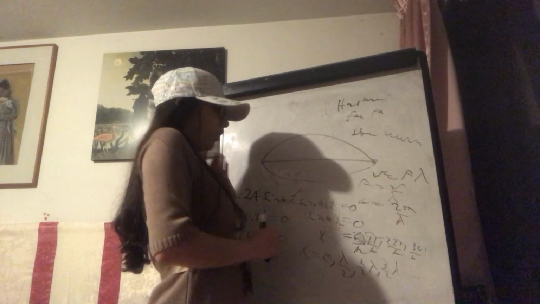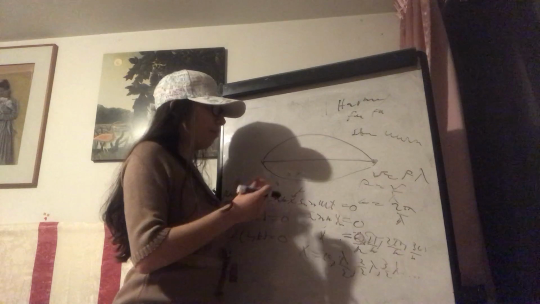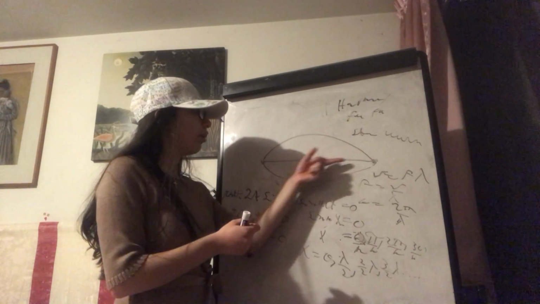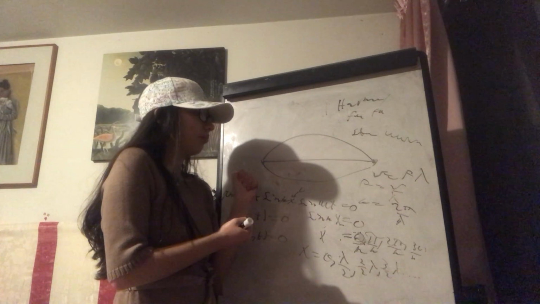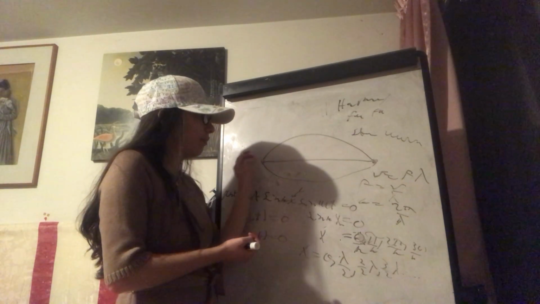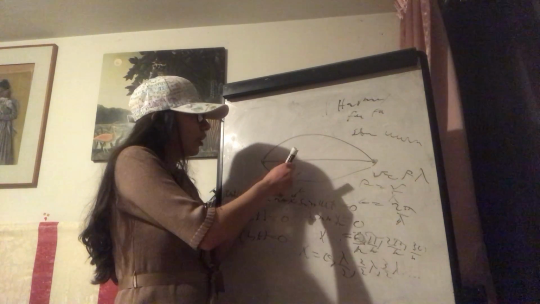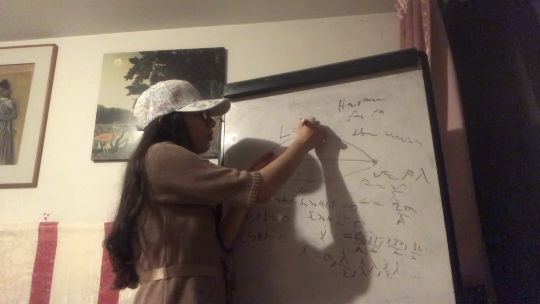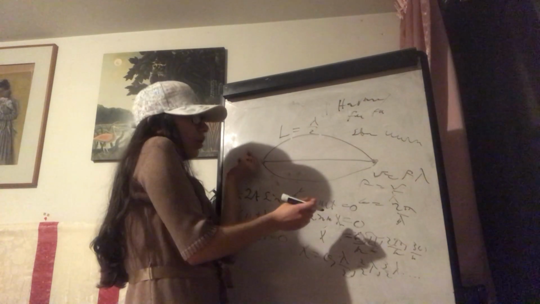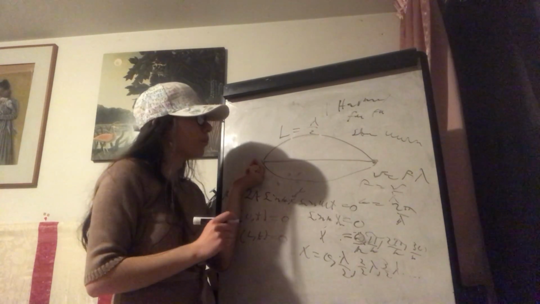Now, in order for this to happen, I need the length of the string to be a multiple of half the wavelength. So I have this one here. The length is equal to half of the wavelength, because here you have a node and another node.